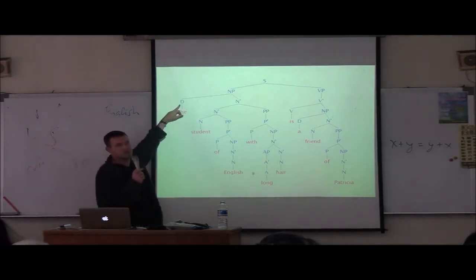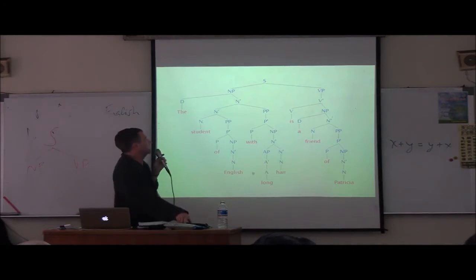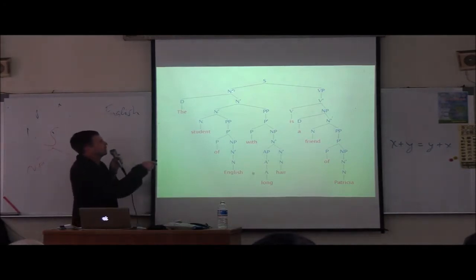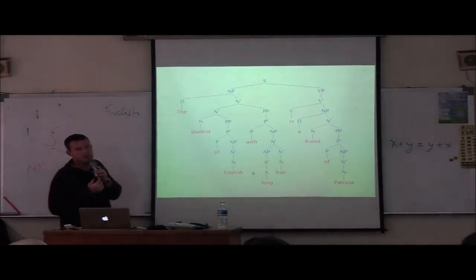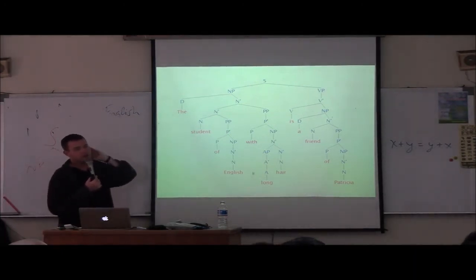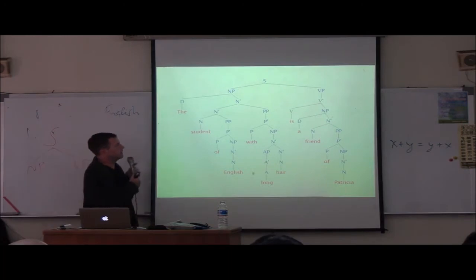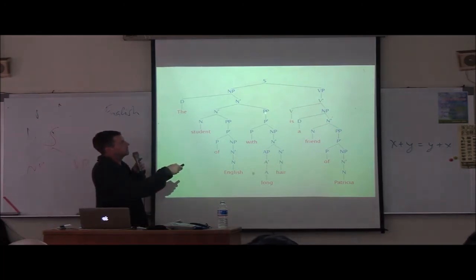These specifiers are daughters of XP and sisters of X bar. Daughter of NP, sister of N bar. How many N bars do we need in this NP? Well, the number of X bars is equal to the number of adjuncts in the phrase plus 1. There's an adjunct in this phrase.